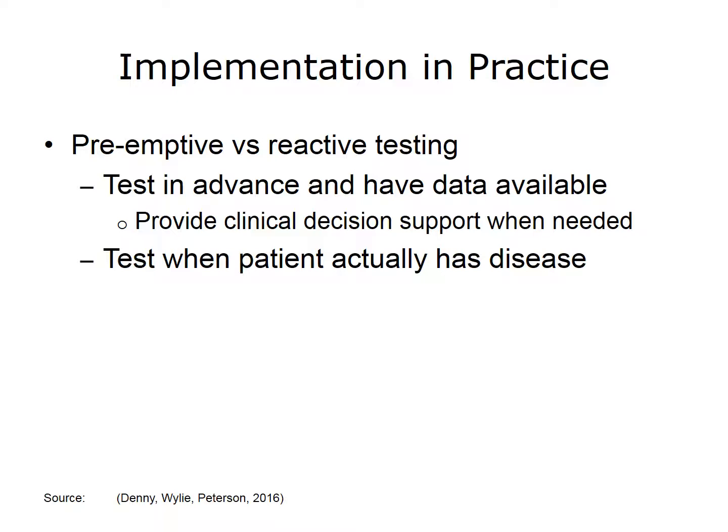The alternative to preemptive testing is reactive testing, which is testing done only when the patient has a condition that needs the test. There is debate over which approach is best.